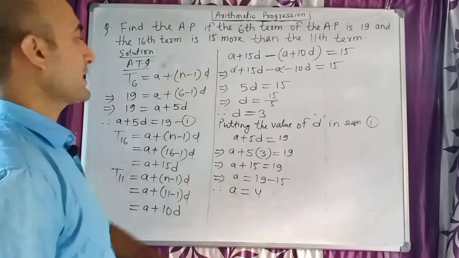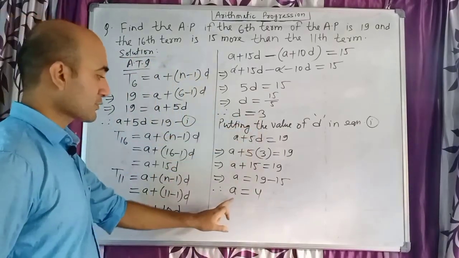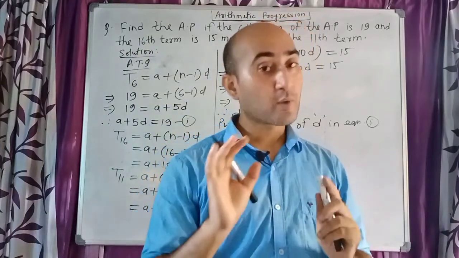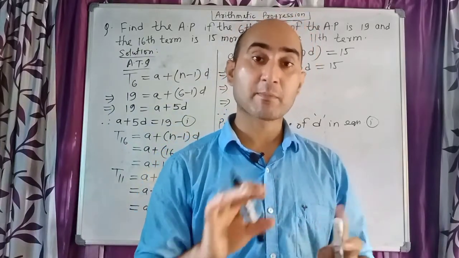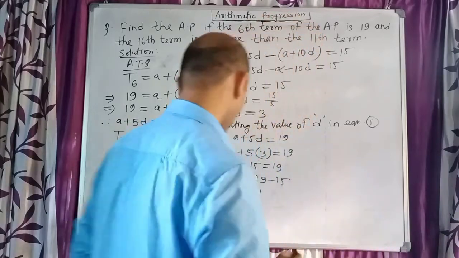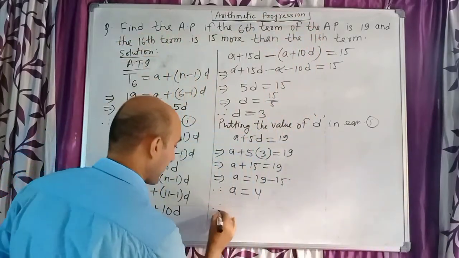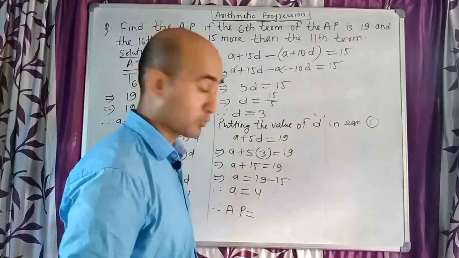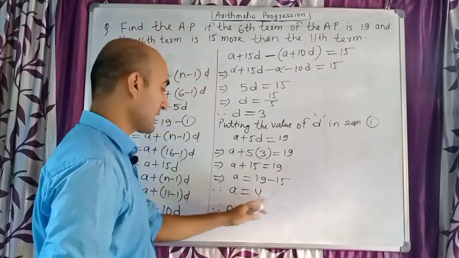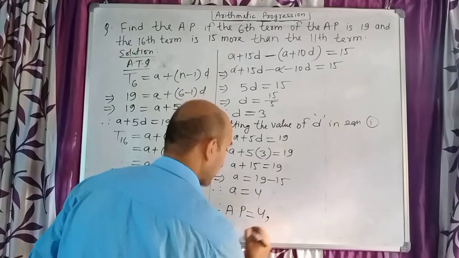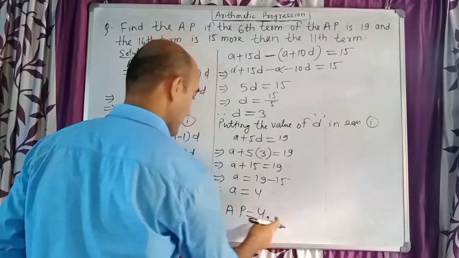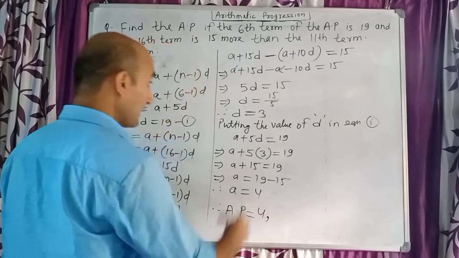Now you see children, we have the value of d as well as the value of a. When we have the value of a and d, we can find the AP. AP means the series, arithmetic progression. So therefore my AP will be, AP always starts with the first term. Which first term then? The first term is a, and how much is it? 4. And for the second term, the difference between first and second here is 3.